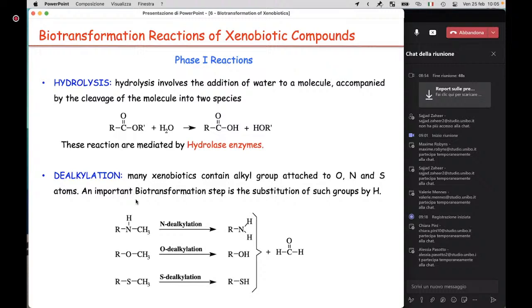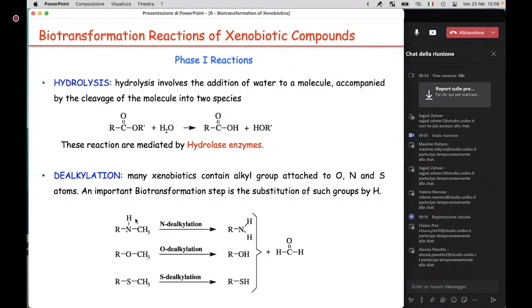Also, another reaction involving the molecule breaking down in some way is dealkylation. In this case, we should have a heteroatom here, nitrogen, oxygen, or sulfur mostly.